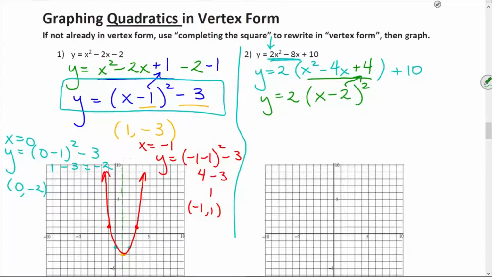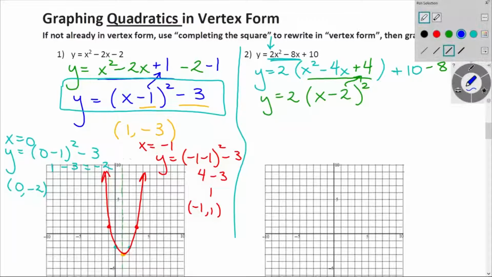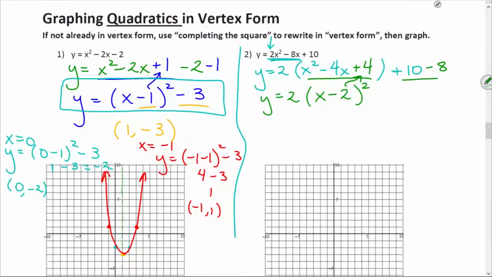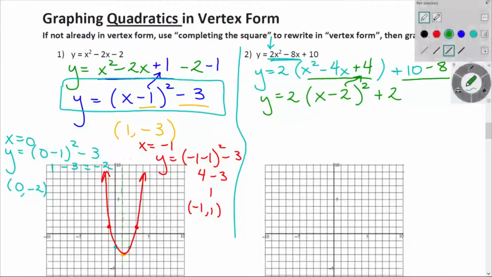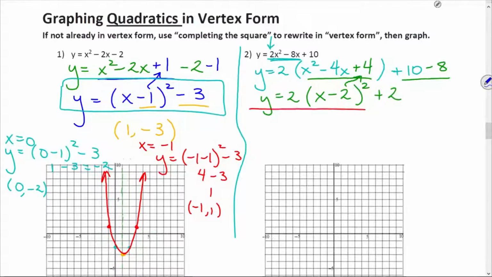But that plus 4 isn't really a plus 4. It is 4 times 2, which is 8. So I just added 8 to this equation. So to keep it balanced, to keep it equal, I must subtract 8 from this side as well. Okay, so then simplifying this, 10 minus 8 is plus 2. And now I have the equation in vertex form.